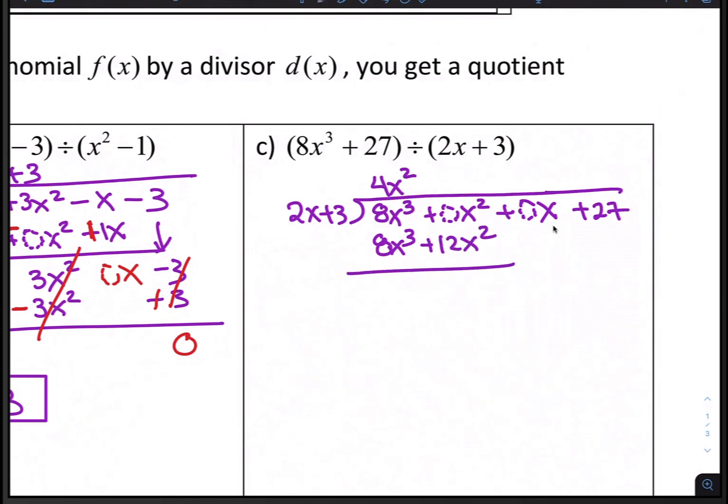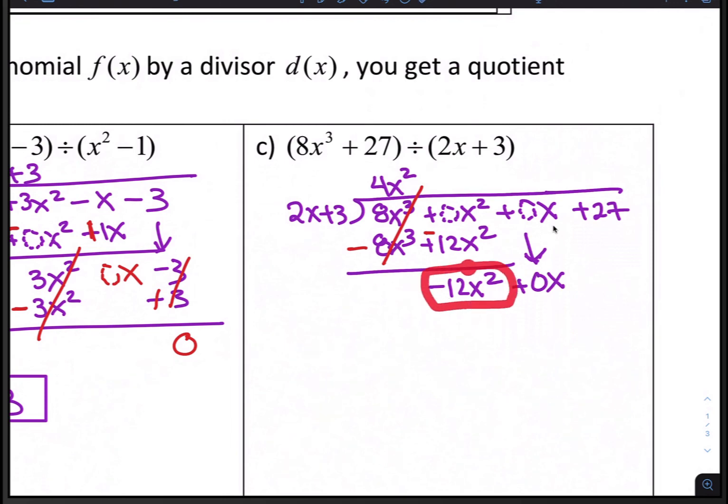The next step is to subtract. Subtracting 8x cubed will cause those terms to cancel. Subtracting 12 from the 0 would give you negative 12x squared. Let's bring down the next term, which is positive 0x. Now we go back to division.